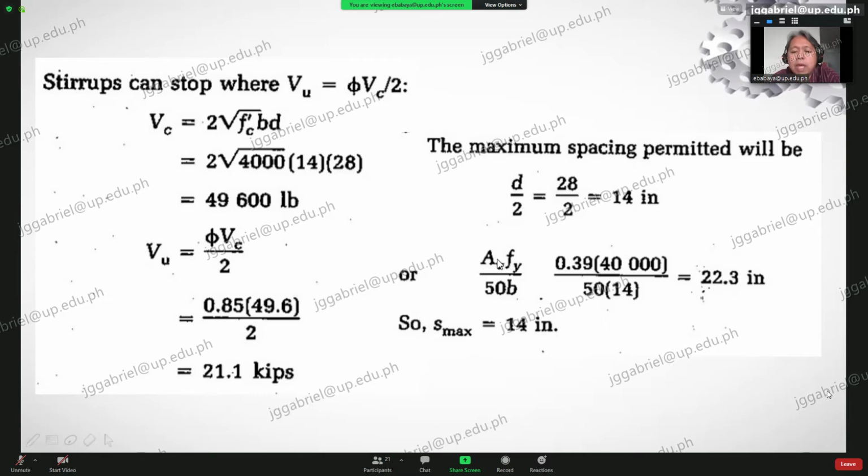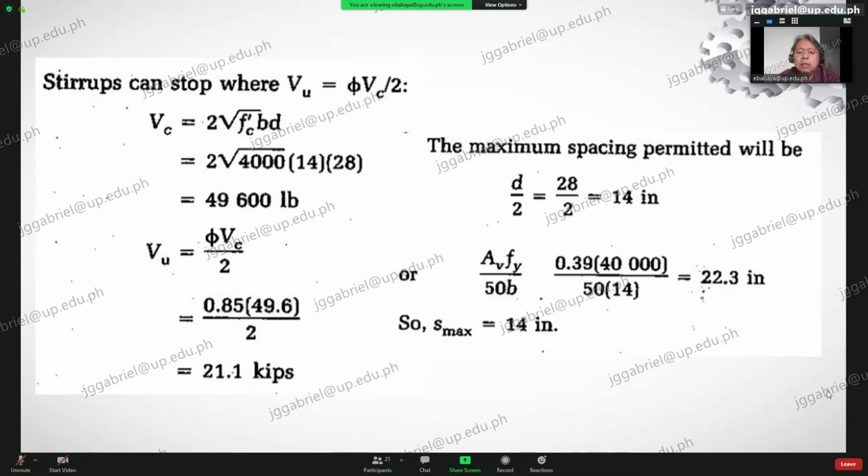Now, AV, that's 0.39, it says. You can look at the table for number 4. Dun sa number 4, ano yung total area ng isang bar? That's half of 0.39. So what's half of 0.39? That's around 0.19, 19.5, ganyan.